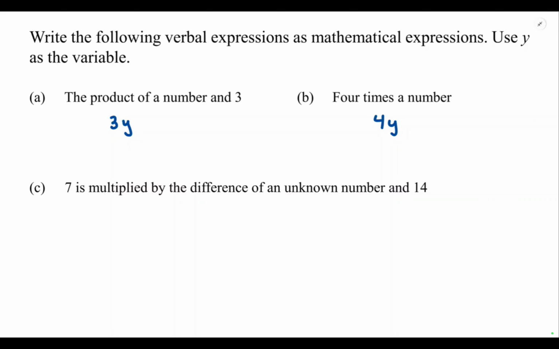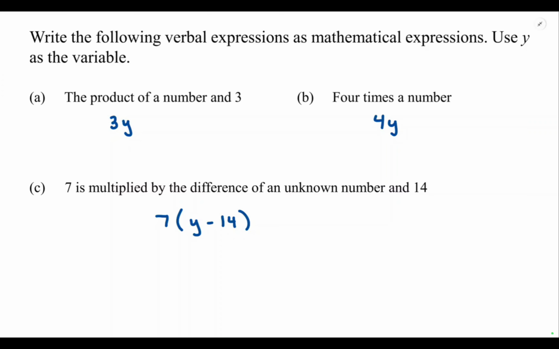And then this one says 7 is multiplied by the difference of an unknown number and 14. So we have 7 parentheses y minus 14. In that one, it gave you a couple of things that you had to look at.